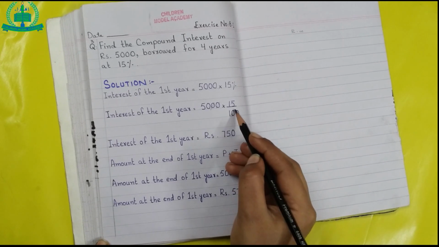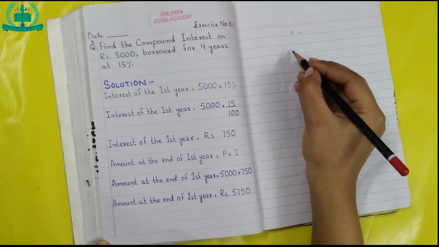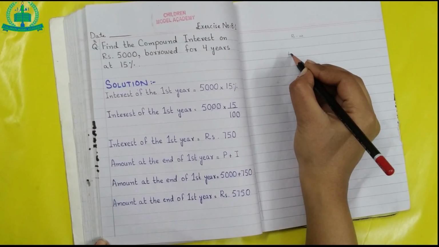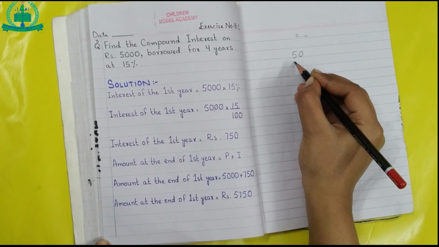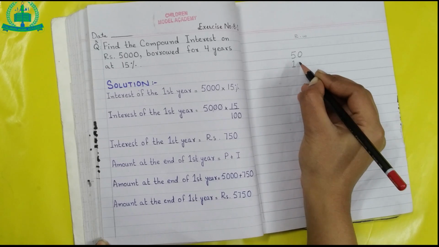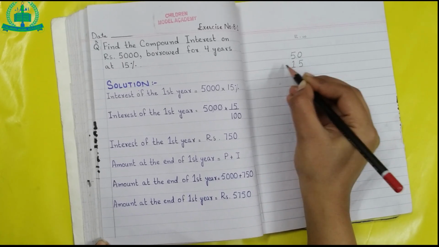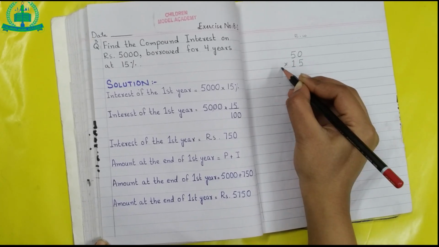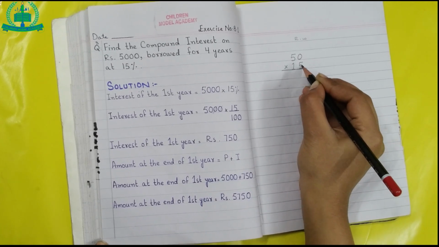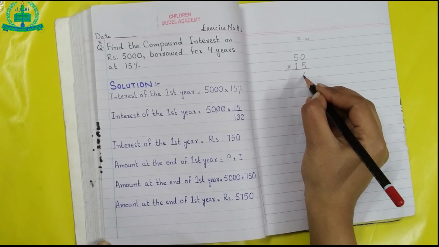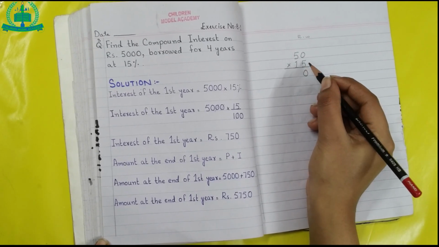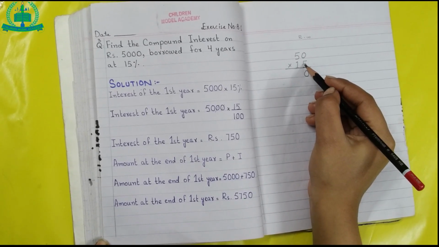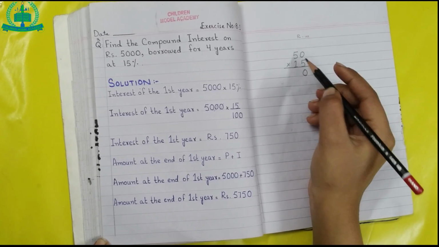50 multiplied by 15. Rough work. 50 multiplied by 15. 5 zeros are 0. 5 ones are 5. 5 twos are 10. 5 threes are 15. 5 fours are 20. 5 fives are 25.